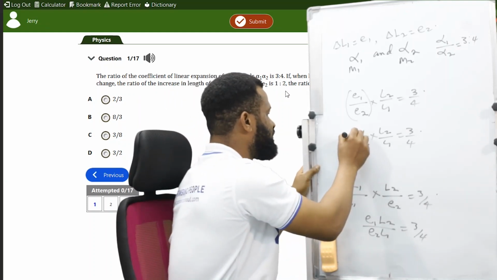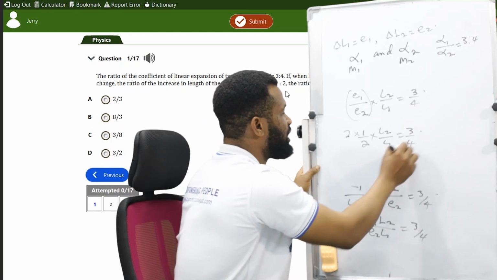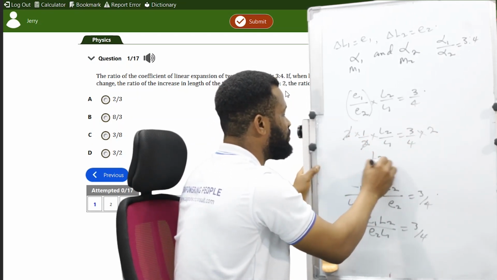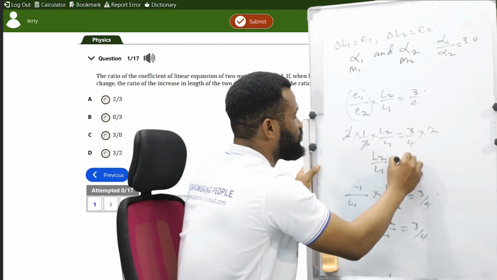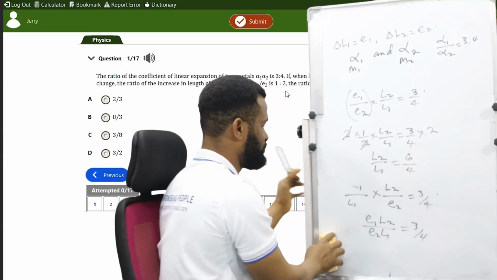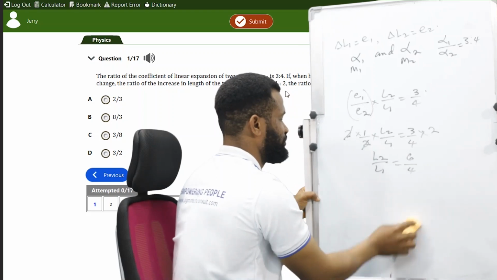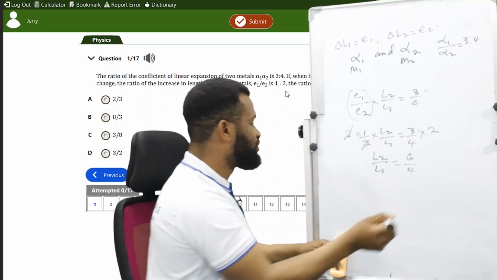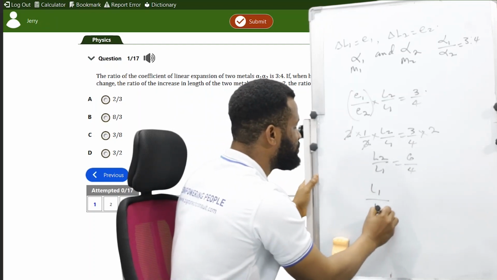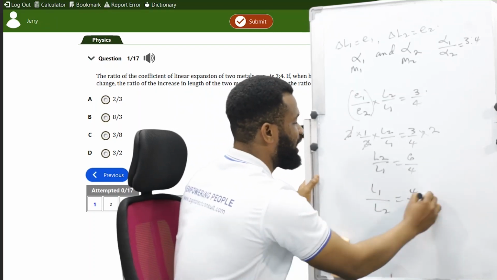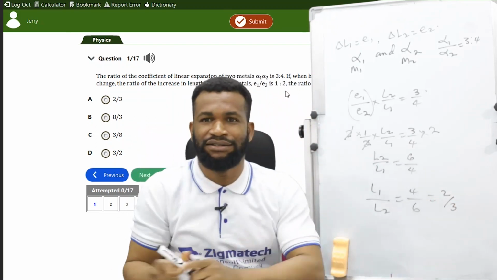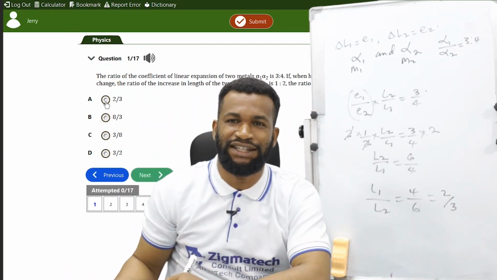So I'm going to multiply this side by 2 and then multiply this side by 2. So these two cancel. I have L2 over L1 is equal to 6 over 4. Now remember what I'm looking for is L1 over L2. So L1 over L2 is going to be 4 over 6, which is 2 over 3. Do we have it there? 2 over 3, option A is the option.